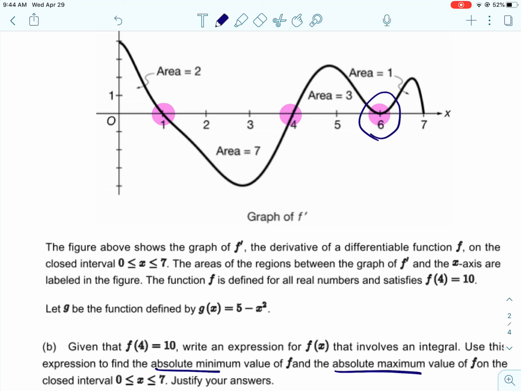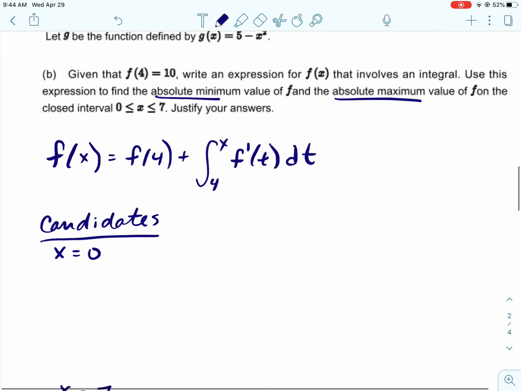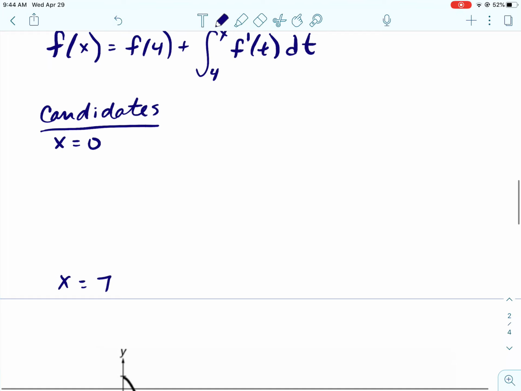Now we actually have 3, right? Yeah, 1, 2, 3. Now the thing about 6 is we could list it, it's fine, but it's not going to be a maximum or minimum because the sign of f prime doesn't change. So I'm going to leave it off because I know it's not going to be one of our values.